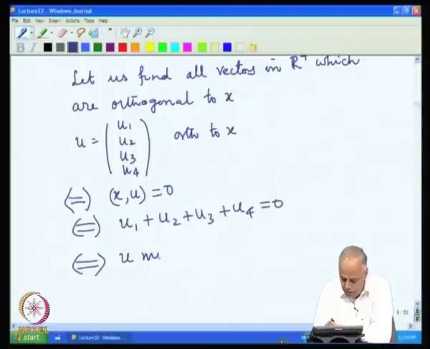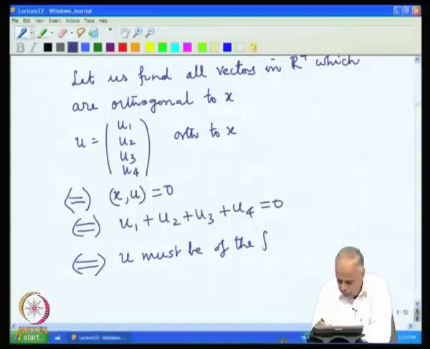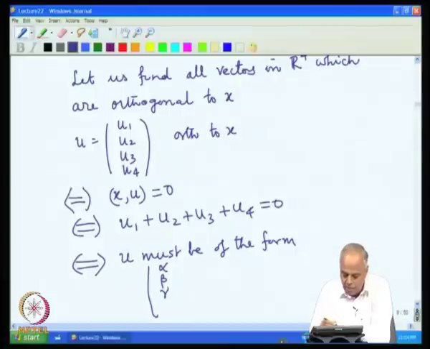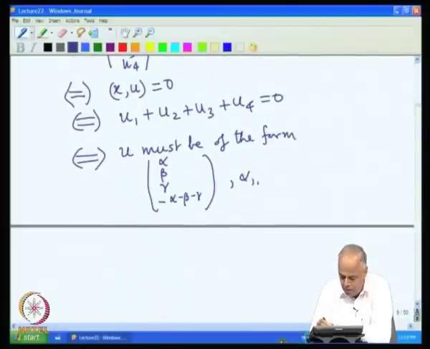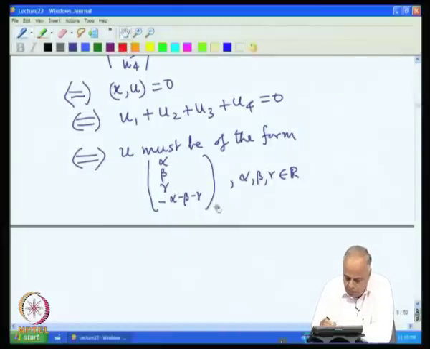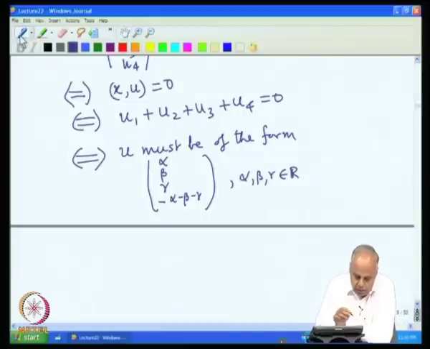That means u must be of the form (alpha, beta, gamma, ...). Since the sum of the 4 components must be 0, the fourth component must be minus alpha minus beta minus gamma, where alpha, beta, gamma are real numbers. So, this is the set of all vectors which are orthogonal to x.